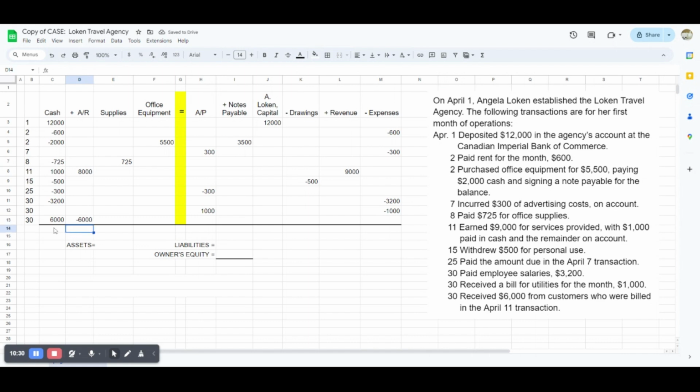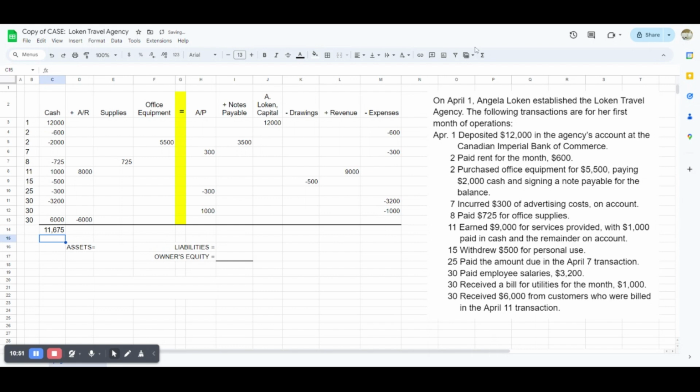Okay, now we're done, so we can add up all of these. Okay, so I'm going to try again to add it up using Google Sheets. C3, C13. Okay, yay, I think it worked. Accounts receivable, 8,000 minus 6,000 is 2,000. Supplies, just 725. Office equipment is just 5,500.